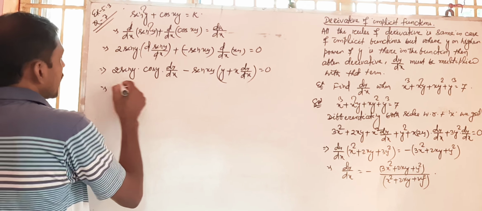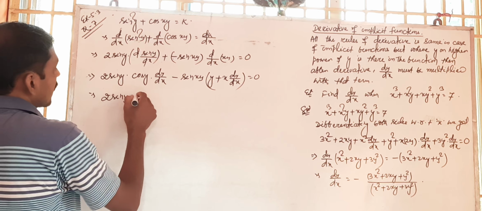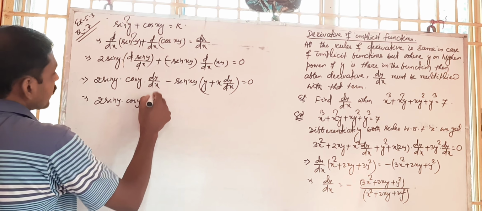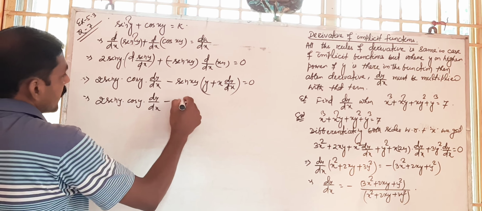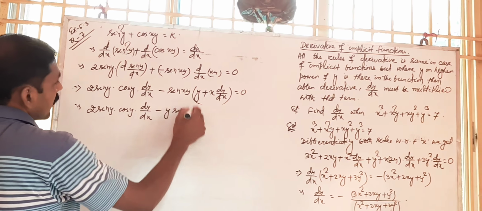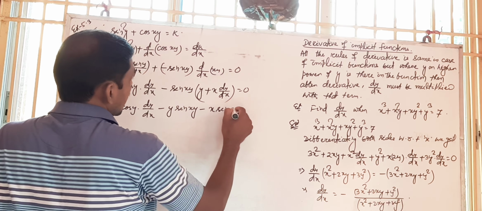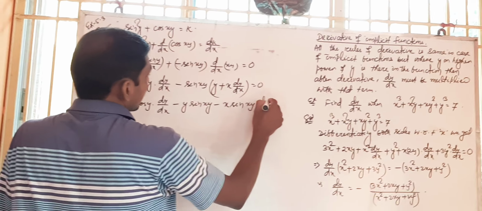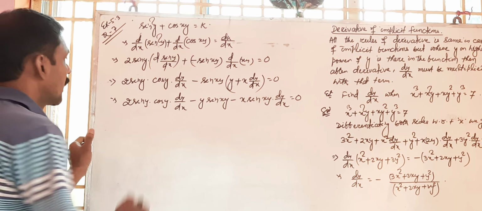Now open the bracket: 2 sin y into cos y dy by dx minus y sin xy minus x sin xy dy by dx equal to 0.